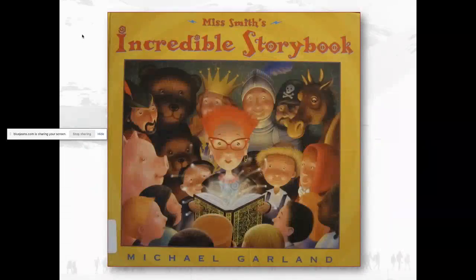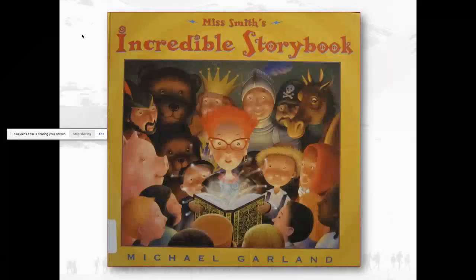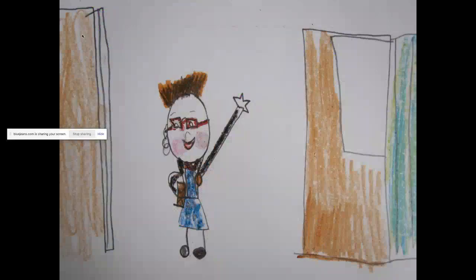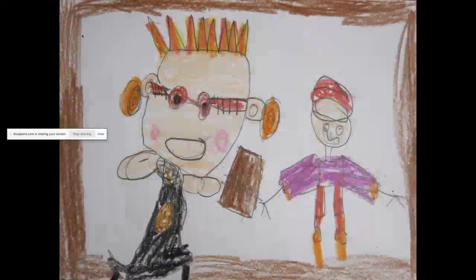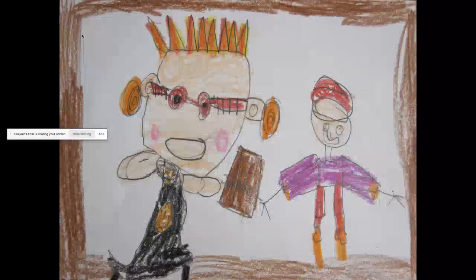This book is called Miss Smith's Incredible Storybook by Michael Garland. First, a new teacher comes to school. He reads a pirate book to that class. Then the pirates come out of the book. Then she keeps reading and more characters from different stories come out and all gather together.